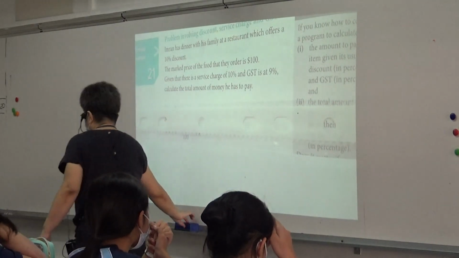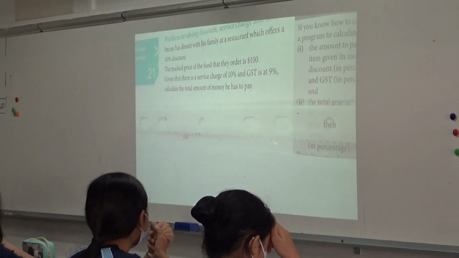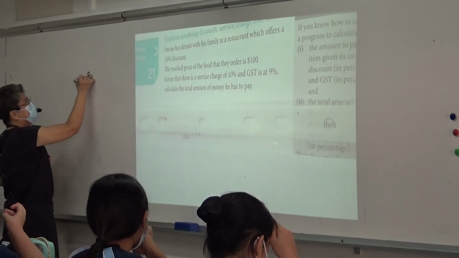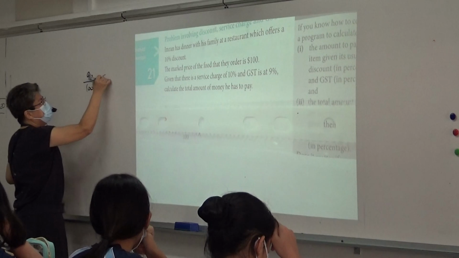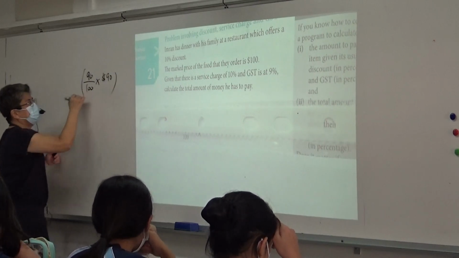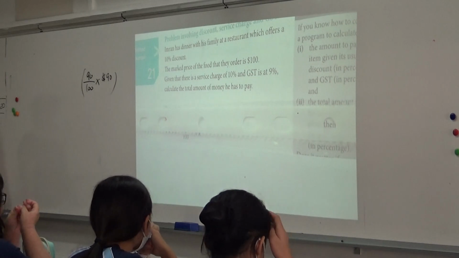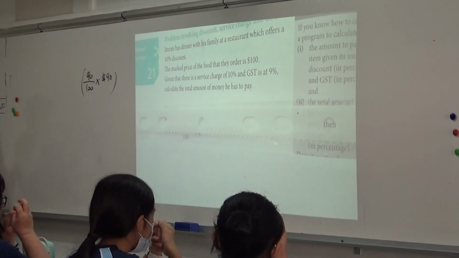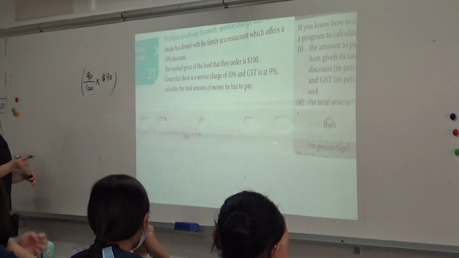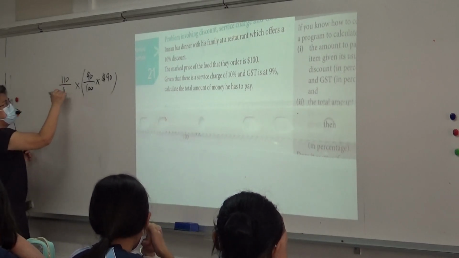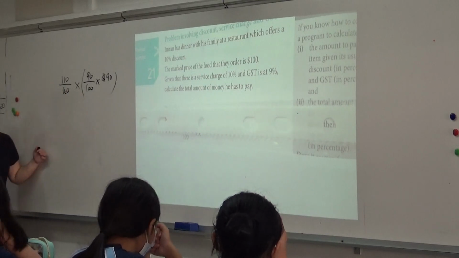Do you agree that the amount after discount must be 90% times $100? Correct? Look at the board, don't look at the textbook. After I impose a service charge of 10%, it will be 110% of this amount, right?